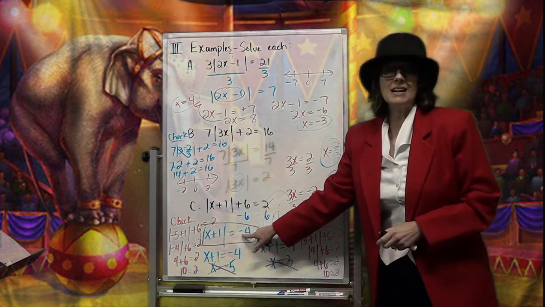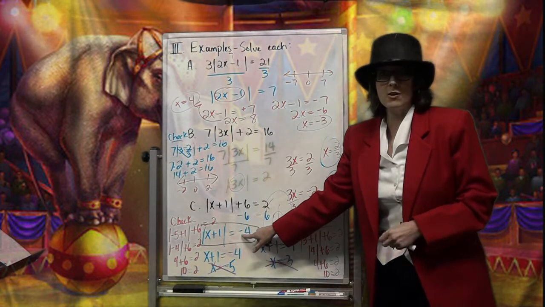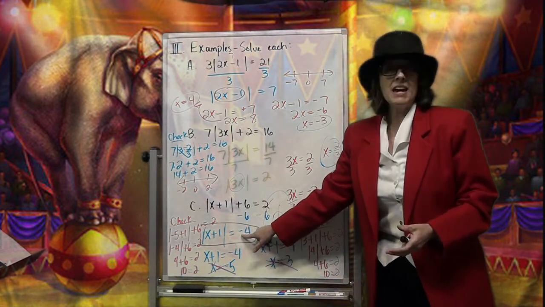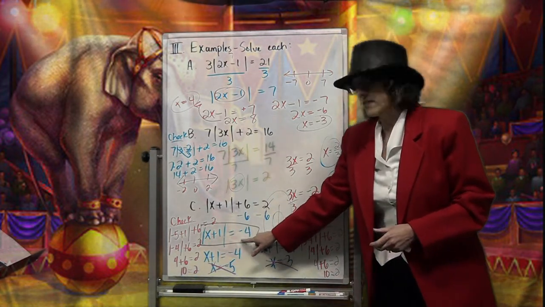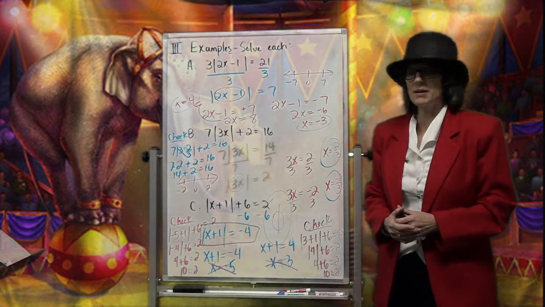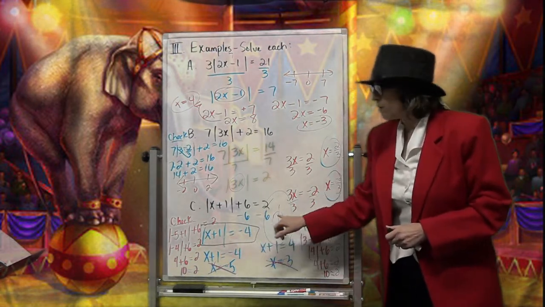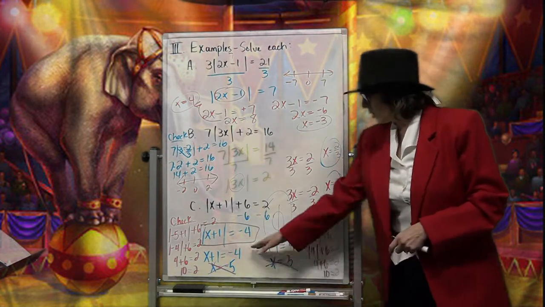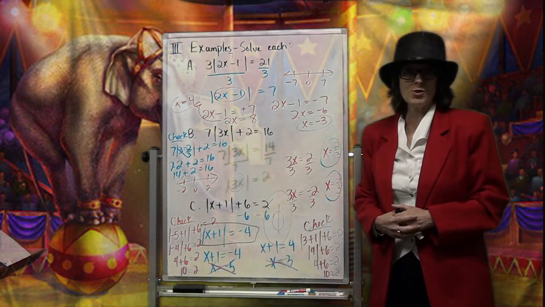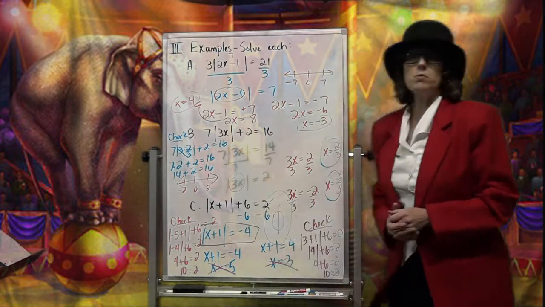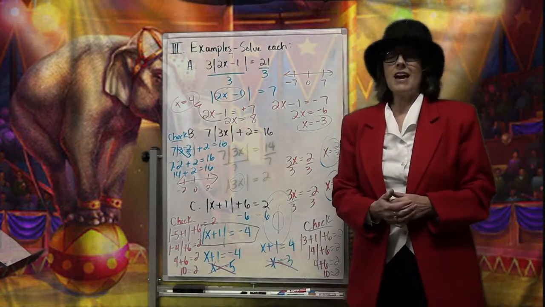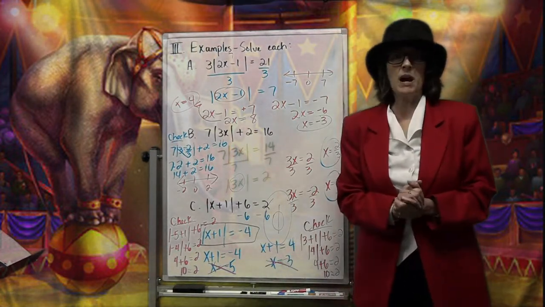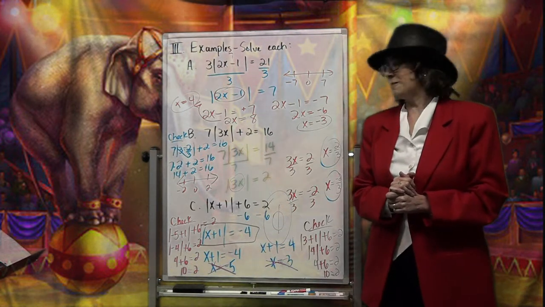And you know you can't have a negative distance. Distance is neither positive nor negative. It doesn't have a sign at all, but this is saying the distance is negative, which cannot happen. So right here, I could have immediately said no solution. But it's okay if you didn't get that and you went through this, you would still come up with no solution either way. This is just for those people who think outside the box and can recognize it right away. And it's okay if you can't, you're still going to get there.